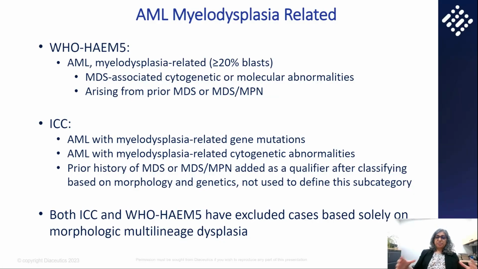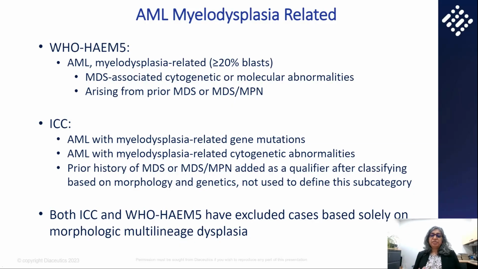ICC does not have this broad umbrella category, but instead separates them out into distinct categories, distinct diagnoses, as AML with myelodysplasia-related gene mutations and AML with myelodysplasia-related cytogenetic abnormalities. For cases that occur in patients with a prior history of MDS or MDS/MPN, in ICC, we just add a qualifier after classifying the case based on morphology and genetics.